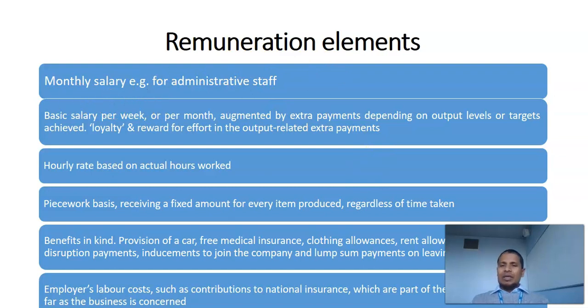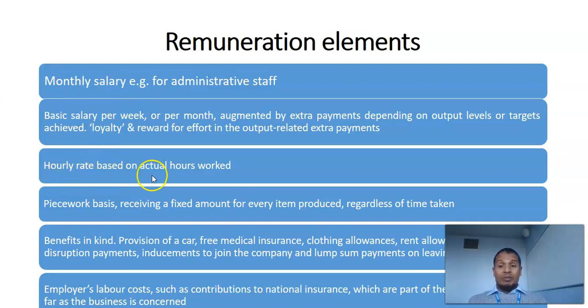Usually, administrative staff are paid a monthly salary, or a basic salary per week or per month, augmented by extra payment depending on level of output or targets achieved. Okay, and also loyalty and reward for efforts in output, or being paid extra for extraordinary performance.